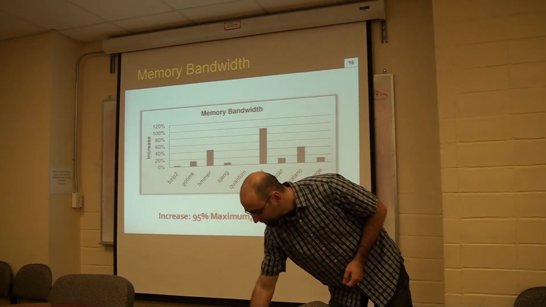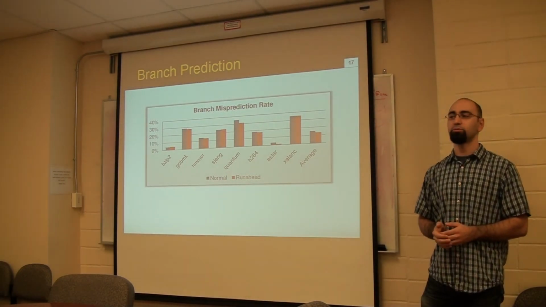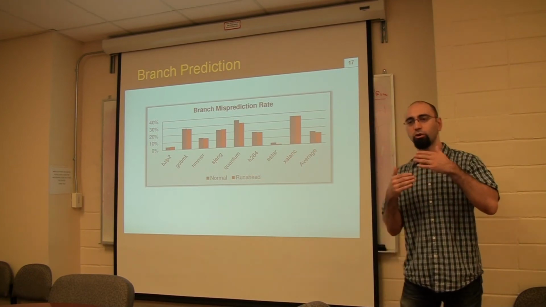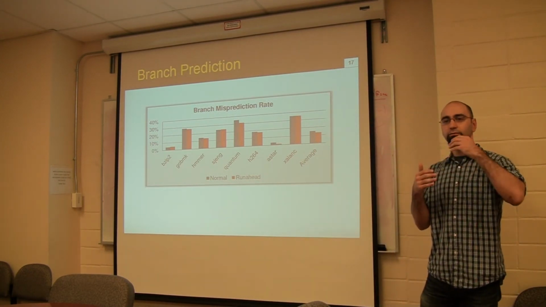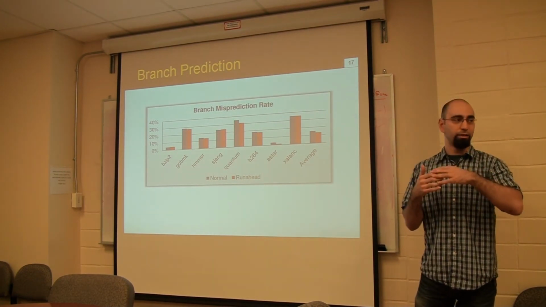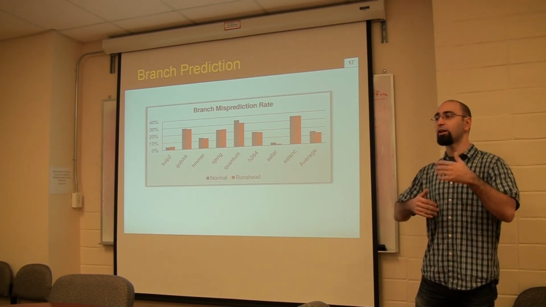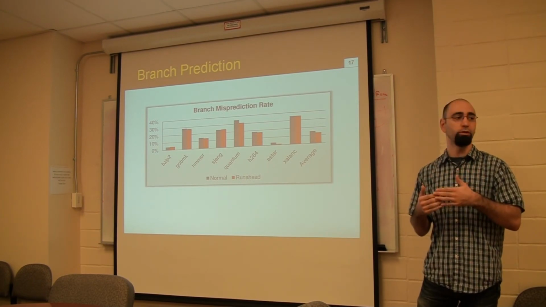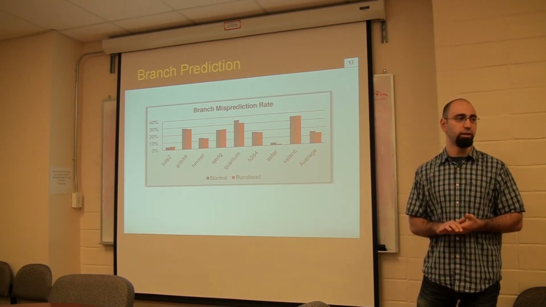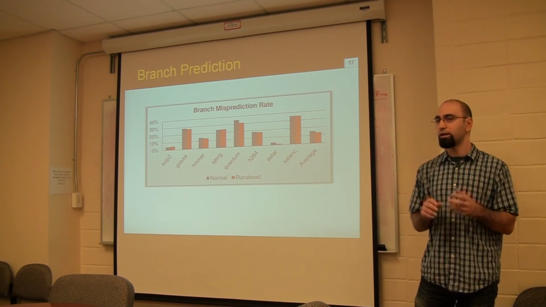On top of that, a good phenomenon happens with Runahead, and that is branch prediction accuracy. The moment you go into Runahead mode, you're looking ahead into instructions that you would be executing in the future, and by doing that, you're actually training your branch predictor. So by the time you go back to normal mode and want to execute those, your branch predictor has already encountered those branches, and it's better trained.